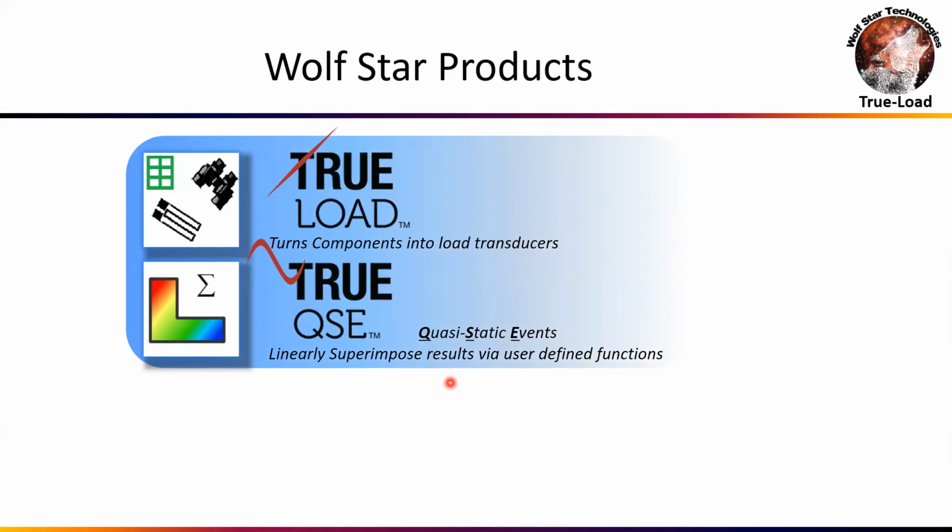Then TrueQSE becomes a tool where you can post-process, plot XY plots anywhere in your model, or do operating deflection shapes on the loads that you've just measured. TrueQSE is so important for understanding the response of your model that we bundled it into TrueLoad. So when you buy TrueLoad, you get a license of TrueQSE automatically.